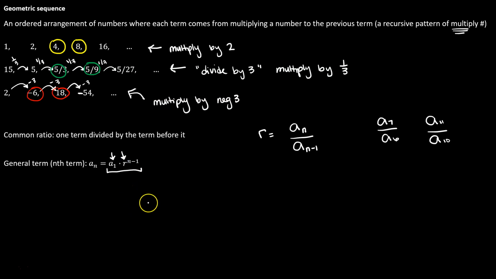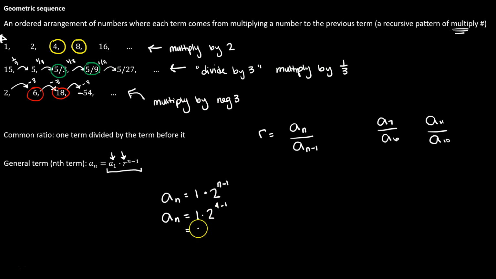So for our first sequence, our first term is 1. So 1 times our common ratio, which is 2, raised to the n minus 1 power. And we can double check that this is true for any one of the terms in our sequence. Let's try the fourth term. So we have a sub n equals 1 times 2 raised to the 4 minus 1 power.